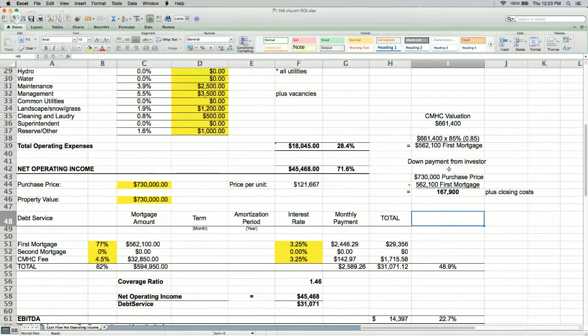His name is Daniel, and Daniel will run his own evaluation on the property based on CMHC's guidelines. Okay, so what that means is CMHC is doing the same thing we're doing, except they have different guidelines. Okay, remember, they're insuring the mortgage on this property, so they're naturally going to be biased and want the property to be more profitable, because it protects their investment also.